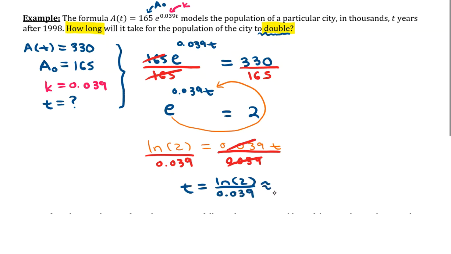Now, for all practical reasons, you want to go ahead and type this into your graphing calculator. And if you round to the nearest year, it's going to take the population 18 years to double, okay, under the conditions that the initial population is 165,000, along with the fact that the growth rate is 0.039 or 3.9%.